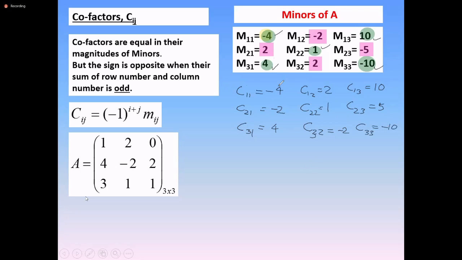Here you can see these values have no change in the minor values. They are same as minor value.